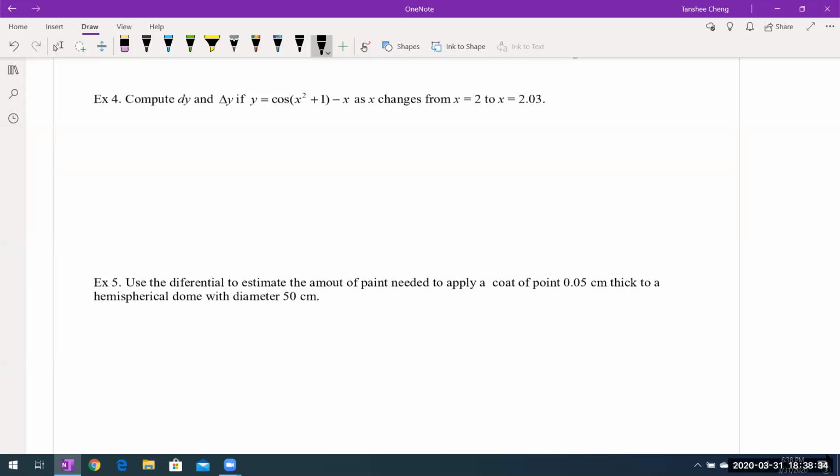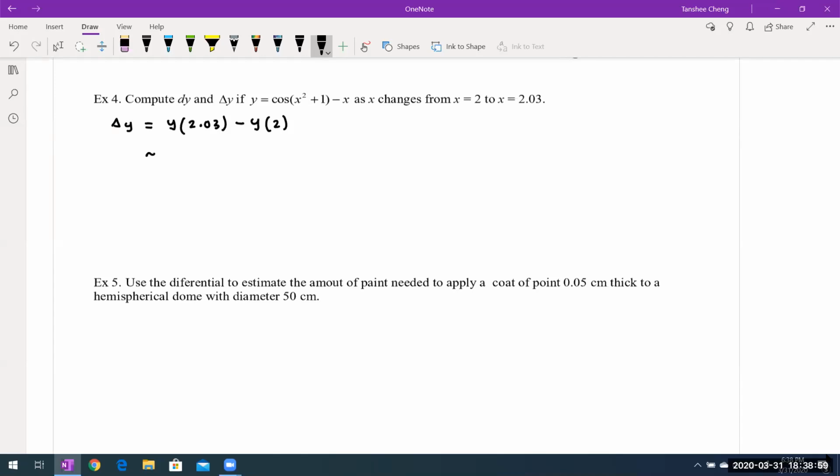when we look at this, we know the change in y. Let's find that out because that's easy. That's basically the change in y value, which is y evaluated at 2.03 minus y evaluated at 2. The change in y value of the function, that's what this delta y means.